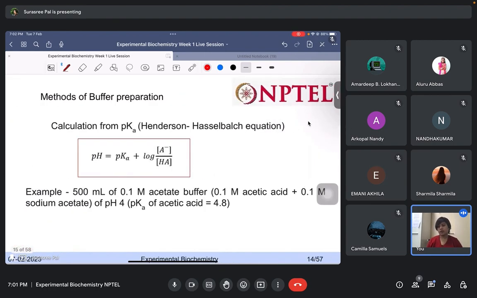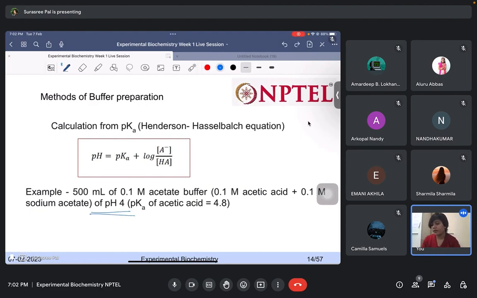Now another method of preparation of buffer can be by calculating from the pKa by using the Henderson Hasselbalch equation. Suppose we have to prepare 500 ml of 0.1 molar acetate buffer using 0.1 molar acetic acid and 0.1 molar sodium acetate, and the final pH should be 4.